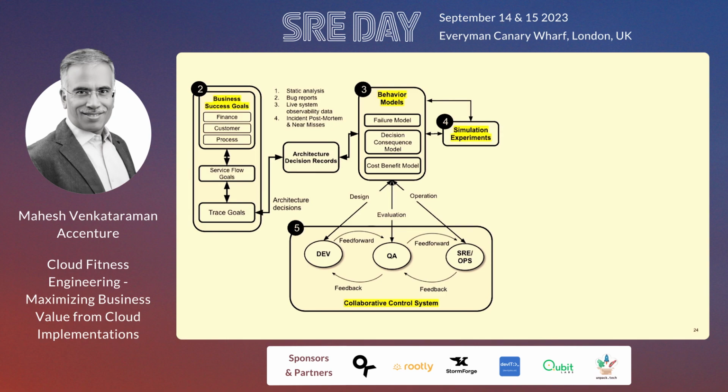They can talk and they can collaborate. The common shared mental model, right? Now what happens here is the feed forward: as the dev people or the architects make a change, they feed that change forward to the QA teams, or they feed it forward to the SRE team, saying, look, I'm making a change here.